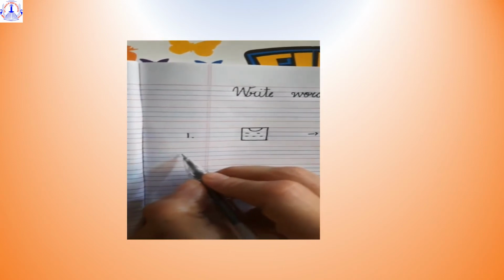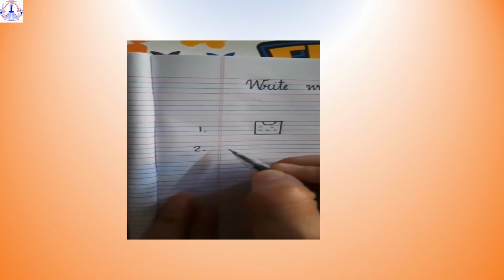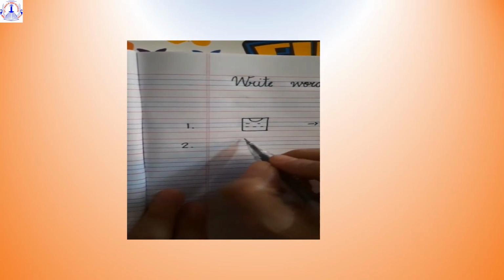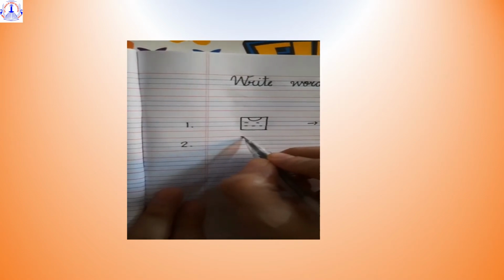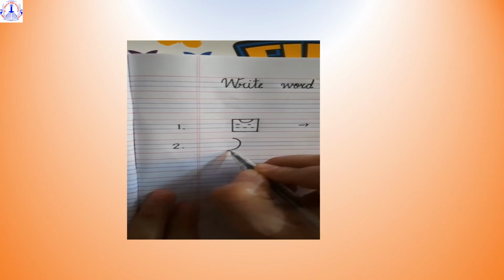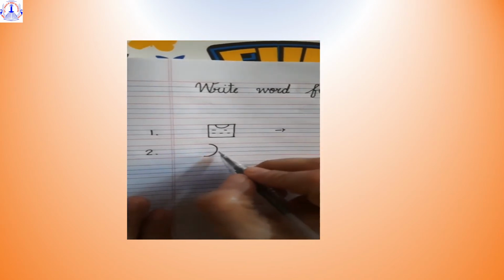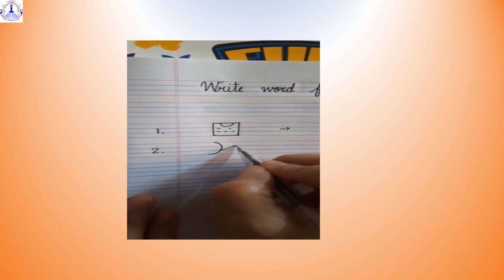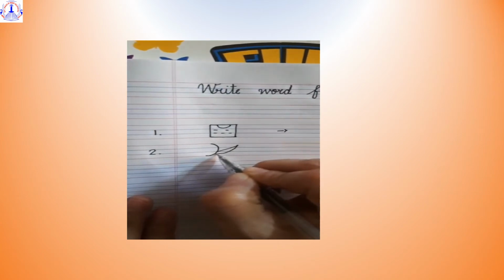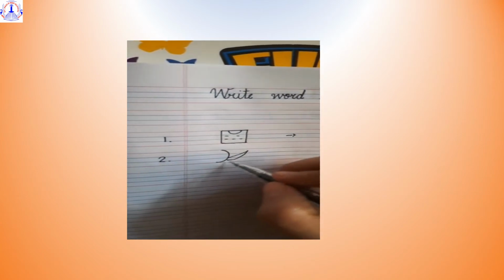Now write number 2 in the margin. Write the numbers one below the other. Now we have to make a curve from red line to red line. Then from second blue line you have to make a slanting line up, come down and put some small dots around it.